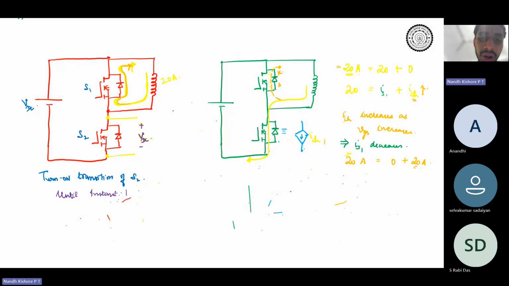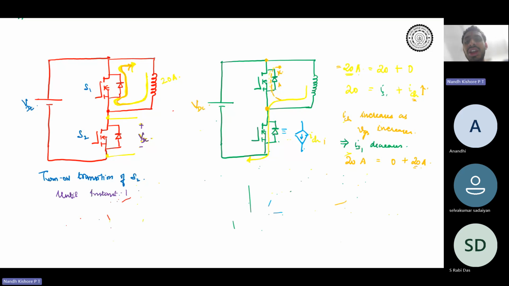The total voltage is VDC. Now you tell me, under what condition would the diode conduct? The diode can conduct only if this voltage is more positive than this voltage.